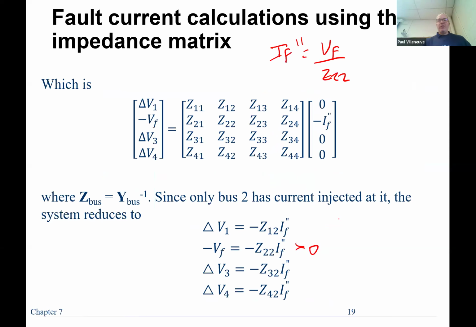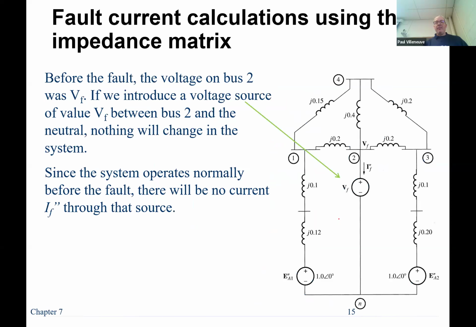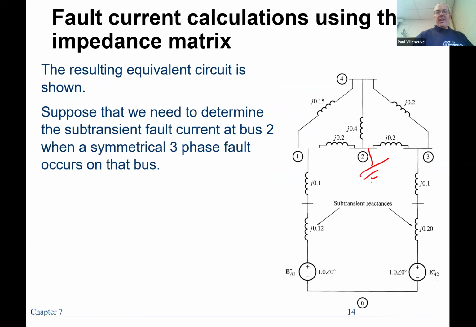Again, why is that important to me? Because if I go back to my original system and the fault is occurring here, I want to take out the breakers that are located near bus 2 to isolate bus 2. I'm going to have breakers most likely, if this is a decent sized power system. Most likely I'm going to have breakers at each end of the line and where the generators connect.